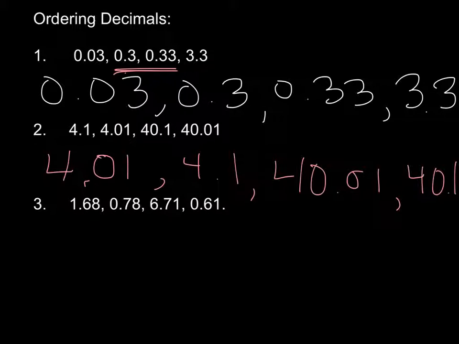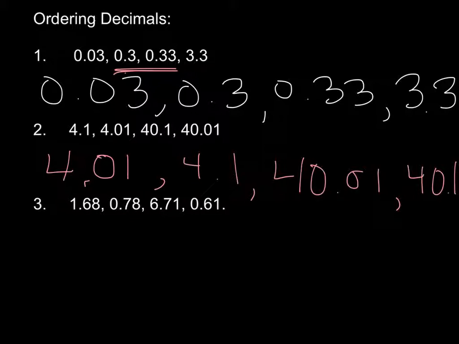Let's take a look at number 3. You should have noticed that you have a couple zeros that hold the ones place value. So I need to look at those 2 decimals first. I need to look at 0 and 78 hundredths and 0 and 61 hundredths. I know that 61 hundredths is less than 78 hundredths.